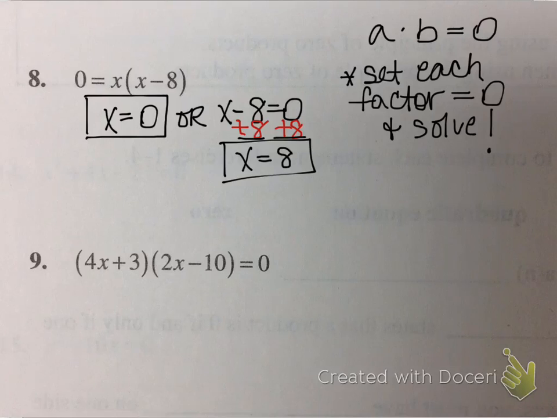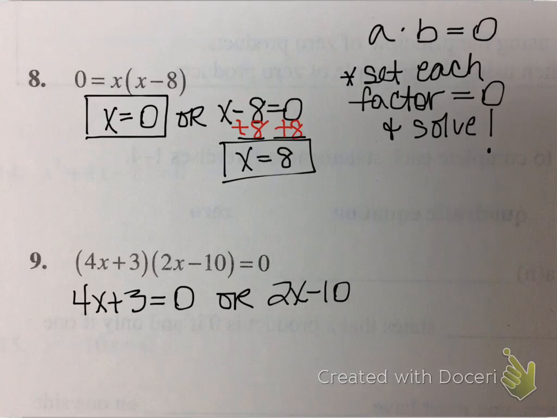Okay, so let's look at this next one. Again, it's equal to 0, so we know that we can use the zero product property, and it's already in factored form. So we have to set each factor equal to 0. So either 4x plus 3 can be 0, or 2x minus 10 can be 0. So now we solve.